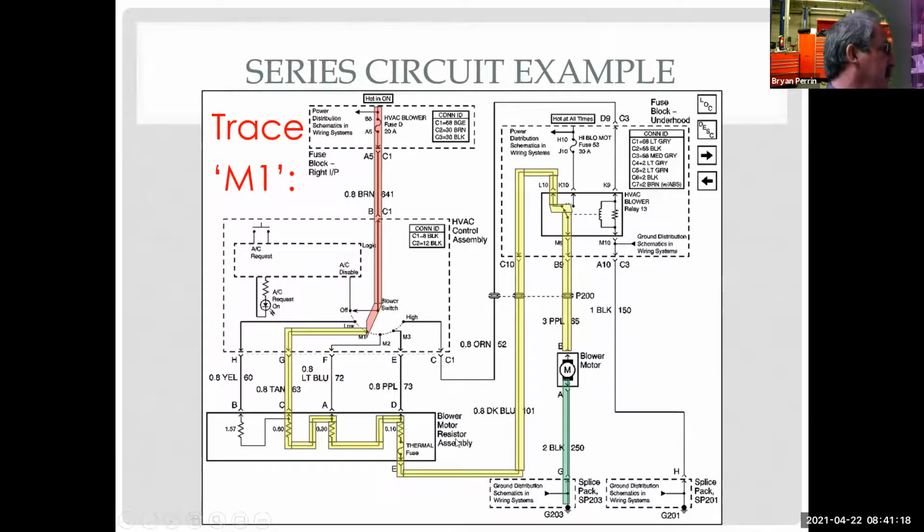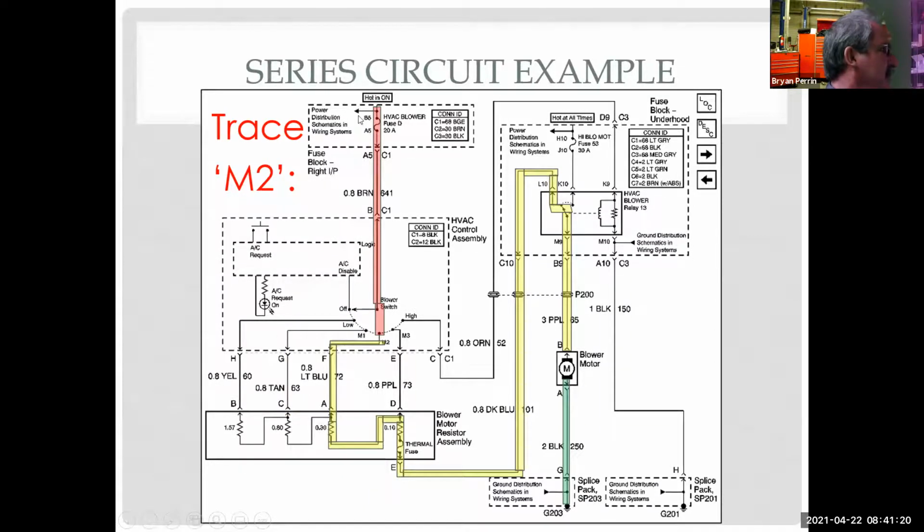So I'll move this to here. So now I've got battery power coming down here. My battery power is coming all the way over to here, and it hits its first load. It's going to drop some voltage, get to here, drop some more voltage between D and E, and then come down to work my blower motor. But I would still see full battery voltage or system voltage at C and B because the power is going to come down here.